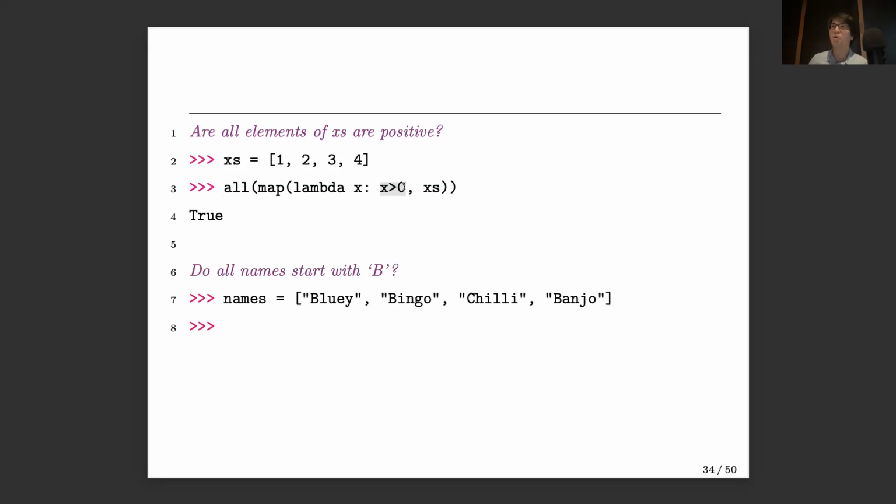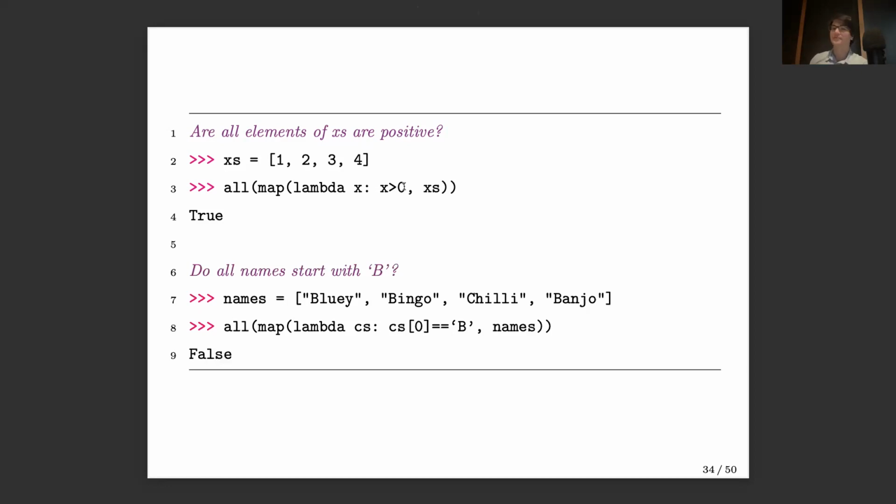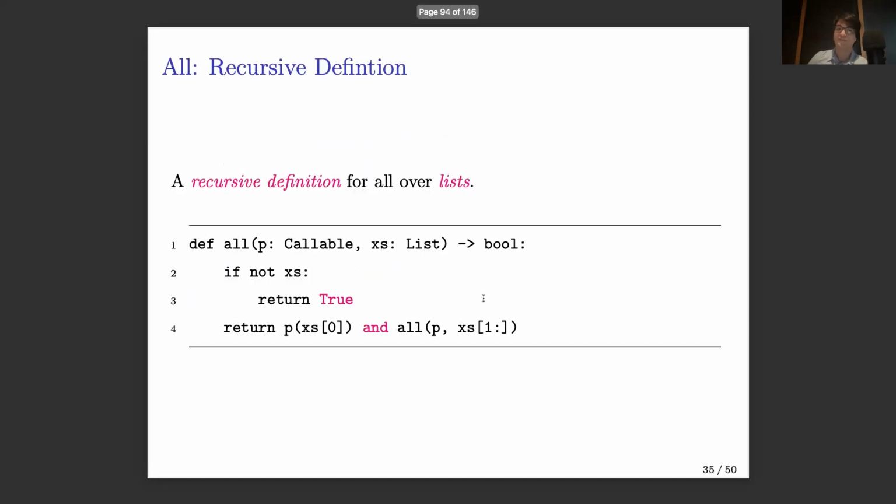You would have had to set up a for loop, check every individual name, and then have some type of early return to give false or true. It certainly wouldn't be one line like this, which can go in an if statement in your code. So I'm just going to say, do all the names start with B? Well, is it the case that all of the elements, when you map this lambda function, x at naught is B, is false? Because this doesn't start with a B. Cool.